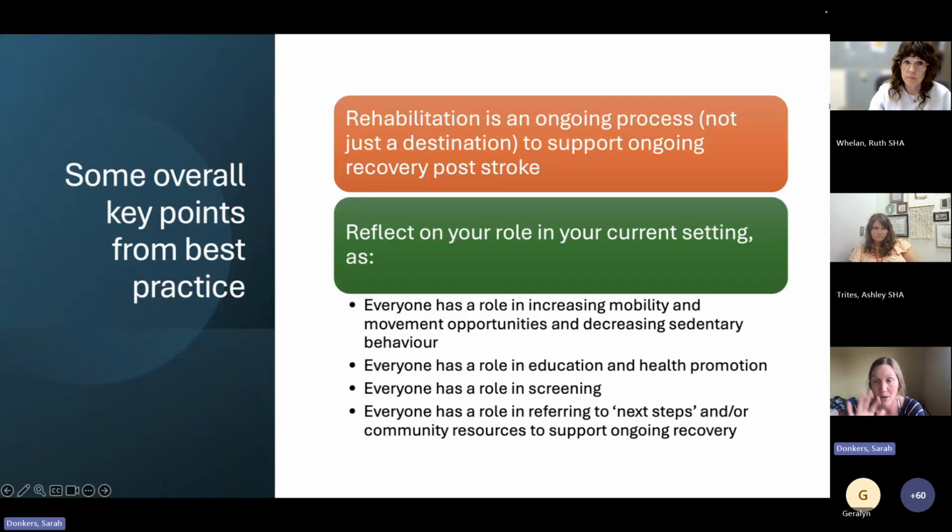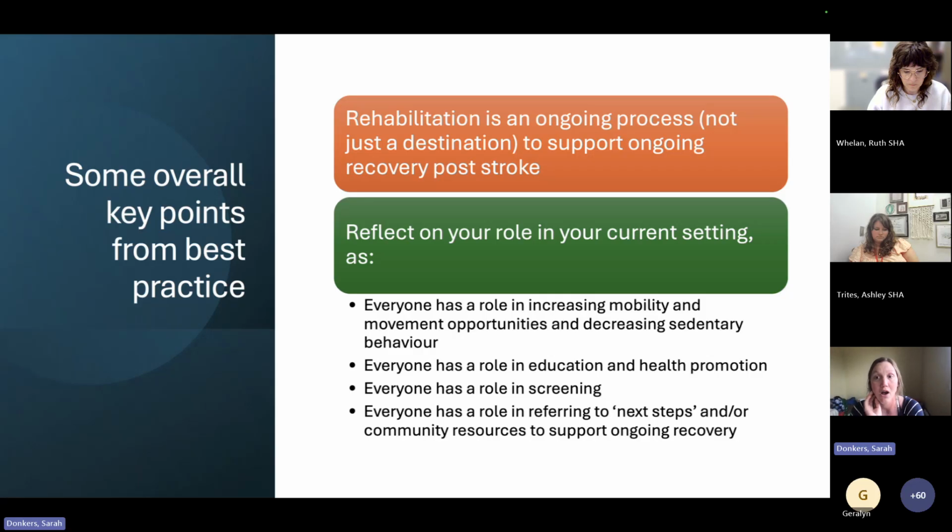Feel free to pop questions in the chat at any time as they come up. And I just want to set the context here. So rehabilitation, yes, we have rehabilitation units. We have specialized rehabilitation in Saskatchewan. We have our tertiary hospitals. So there's rehab as a place, but really we're talking about rehabilitation as a process here.